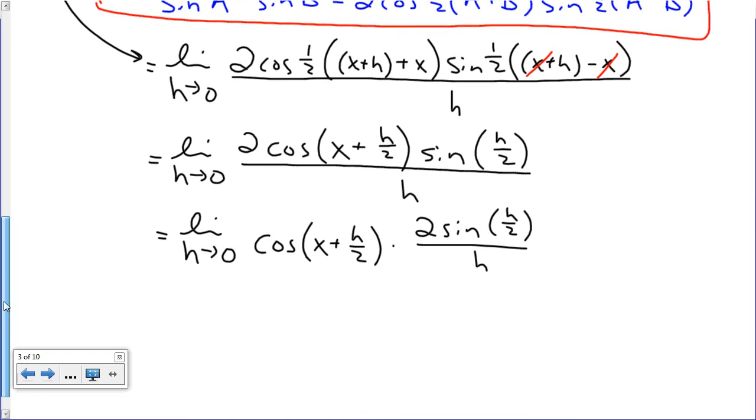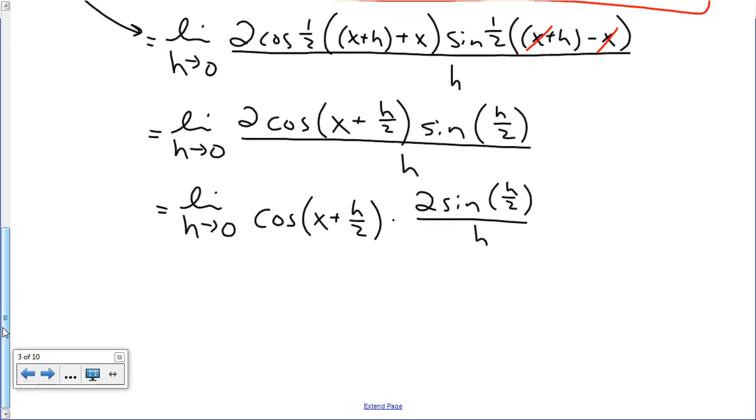I could have done this in that same step, but I'm going to separate this just so you can see what's happening. I want to focus on this little 2 that I'm multiplying the sine by, and rewrite that. So it's the limit as h goes to 0, the cosine function stays the same, and that 2 I'm going to move, multiplying by 2, which is how I've got it written here, 2 times the sine of h over 2.